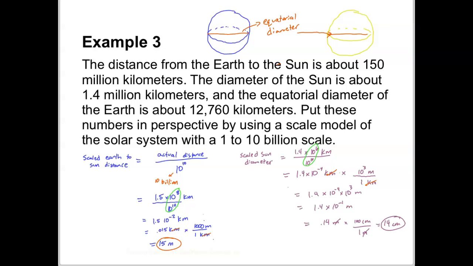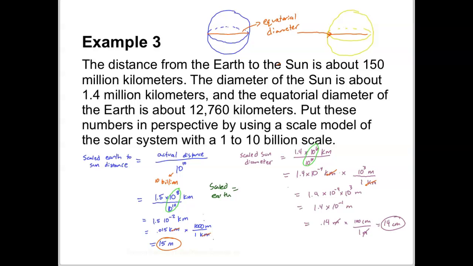All right, what about the size of the Earth? Let's do that. So scaled Earth, we're going to do the same kind of calculations. I'm going to write it right here because I had bad space management.